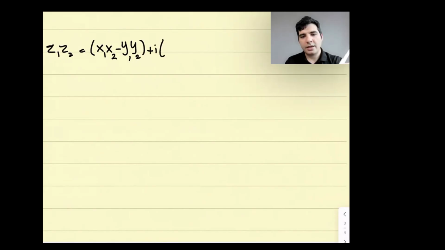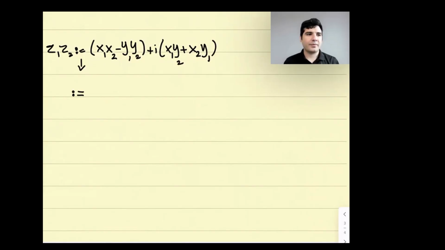So formally we say we define Z1 times Z2 to be x1 x2 minus y1 y2 plus i (x1 y2 plus x2 y1). This is the definition. This is how we are defining it. This notation means we define Z1 times Z2 to be the following. But the reason we define it this way is that this is the natural way to do so.